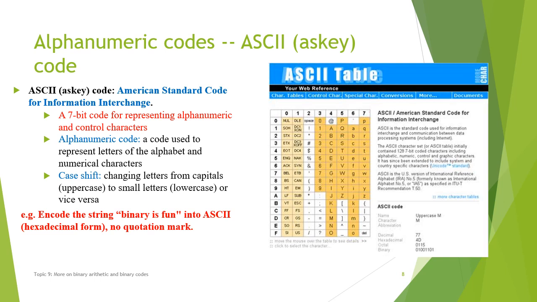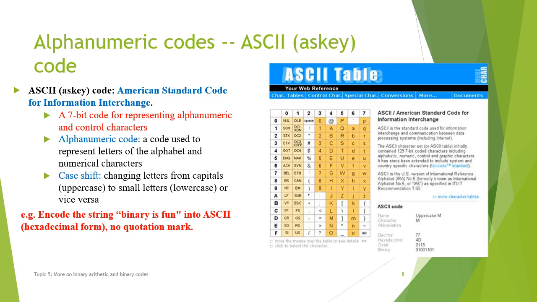To find the corresponding code for a specific letter or key, we just need to look up the x-axis and the y-axis. Both axes in this table are written in hexadecimal. Actually, for the x-axis, you can also think of it as octal because there's only 0 to 7. But it doesn't matter much.